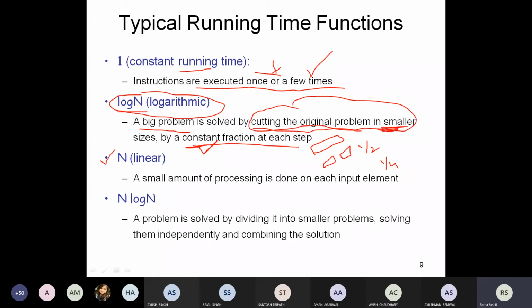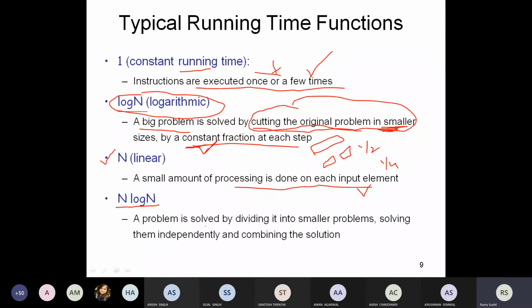In case of linear, you have seen already many examples. A small amount of processing is done on each input element. Some data is there, some processing is done. So the processing is directly based upon the size of the data, that is the linear nature. Okay, n log n, you see an interesting relation with the type of the problems.